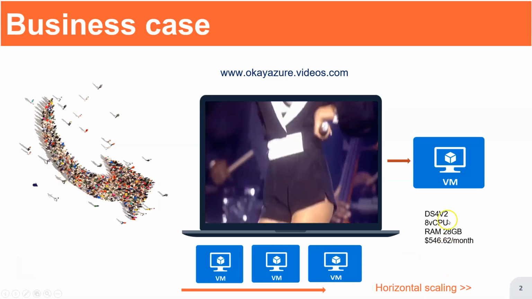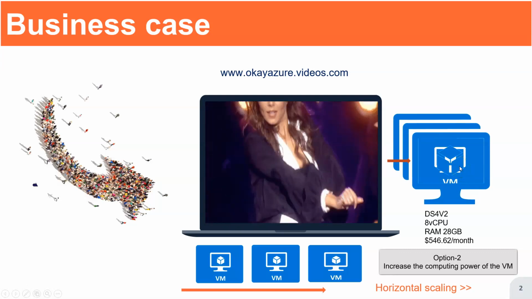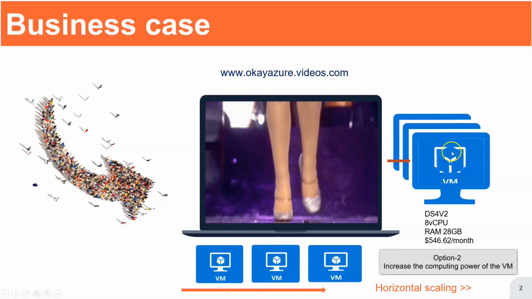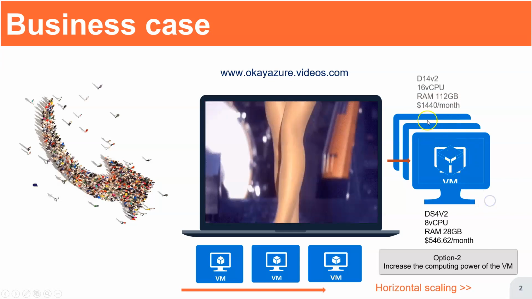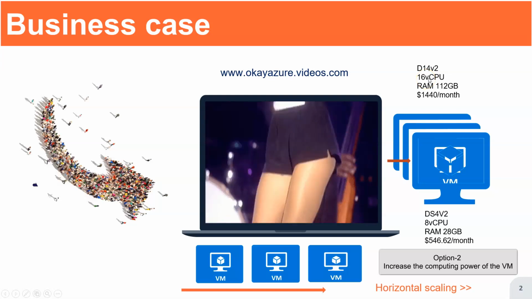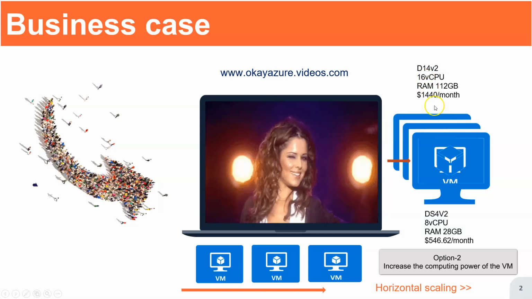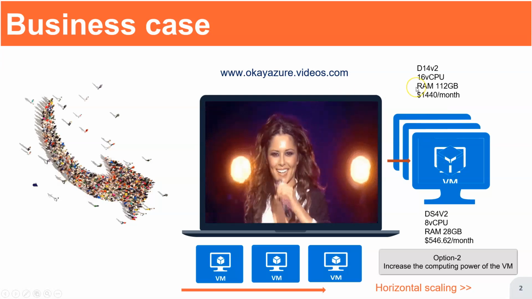And another approach is you can simply go and extend the underlying resources of your virtual machine. You can simply increase the number of CPU cores and RAM of the underlying server to handle the incoming traffic, right?